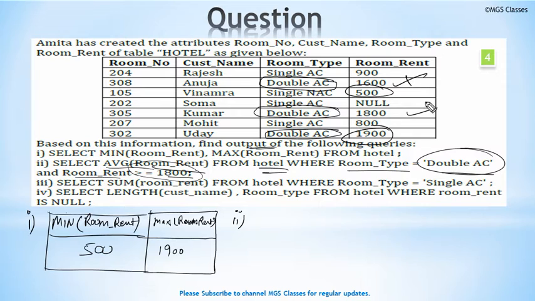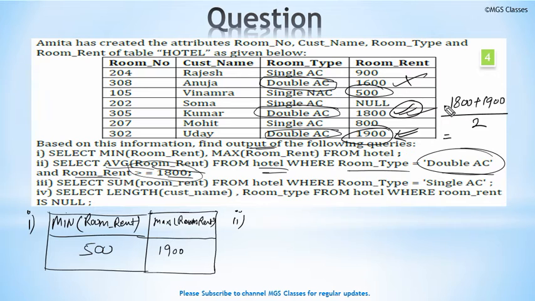So 1600 will not come, 1800 will come because it's equal to 1800, and 1900 will come because its value is greater than 1800. So 1800 and 1900 will be added up and divided by 2, because we need to find the average of the room rent.